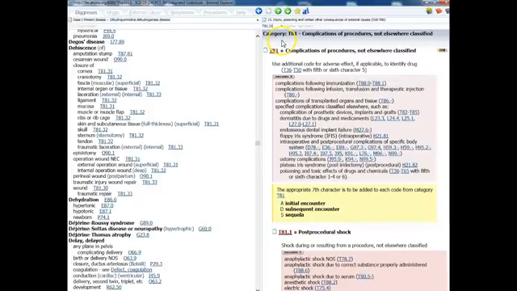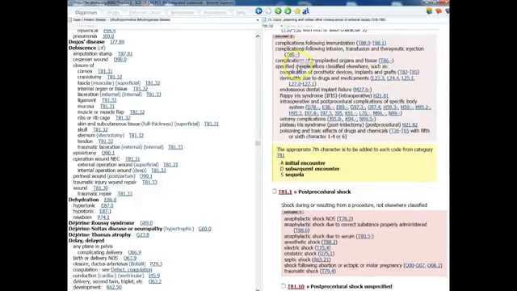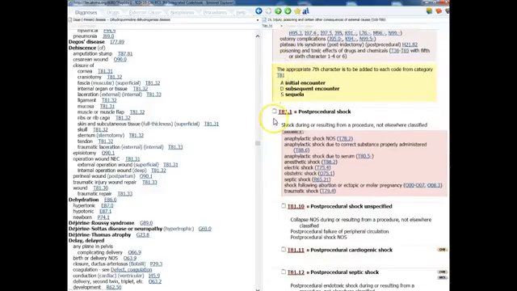If I go up and I look at the instructional notes, I'm told to use an additional code for an adverse effect if applicable. I have an excludes note 2. My 7th character is either initial, subsequent, or sequela.